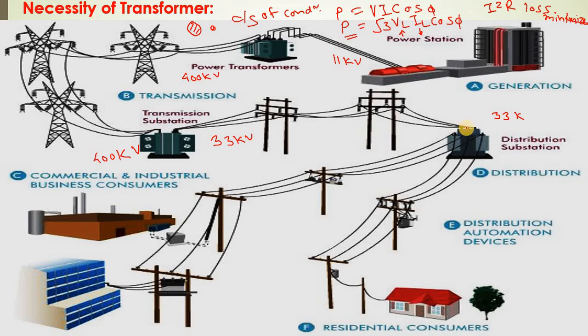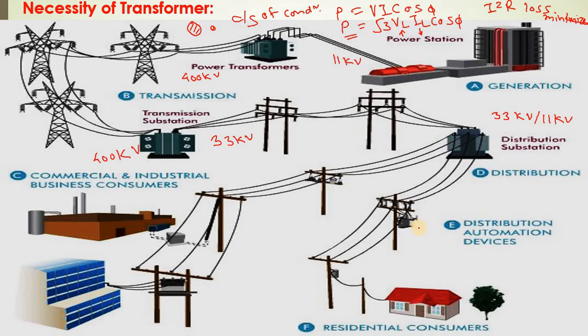Sometimes there is one more transformer unit which is erected near to the consumer, an 11 kV transformer, so the output of this transformer is 11 kV.